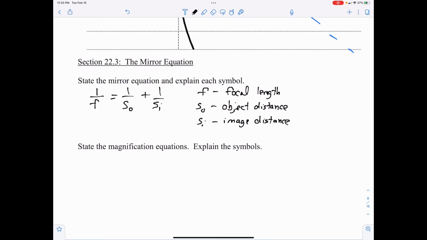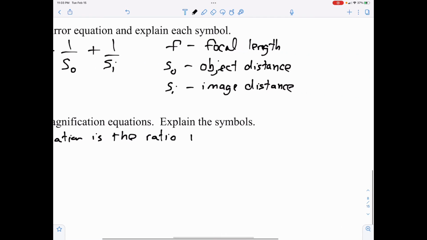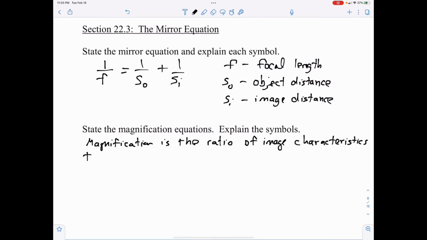State magnification equations, explain the symbols. Well, first of all, magnification as a concept is the ratio of image characteristics to object characteristics.